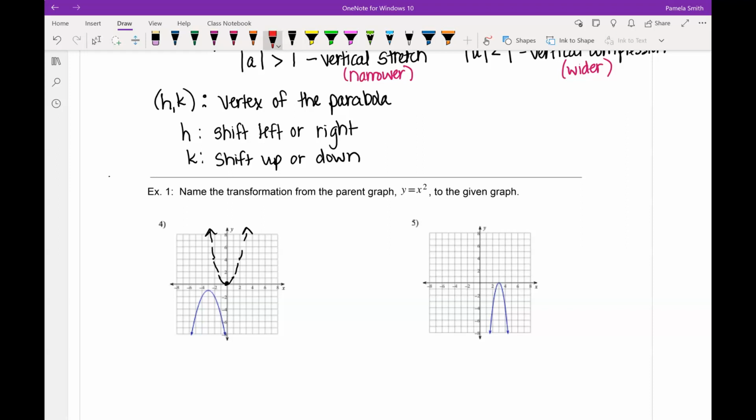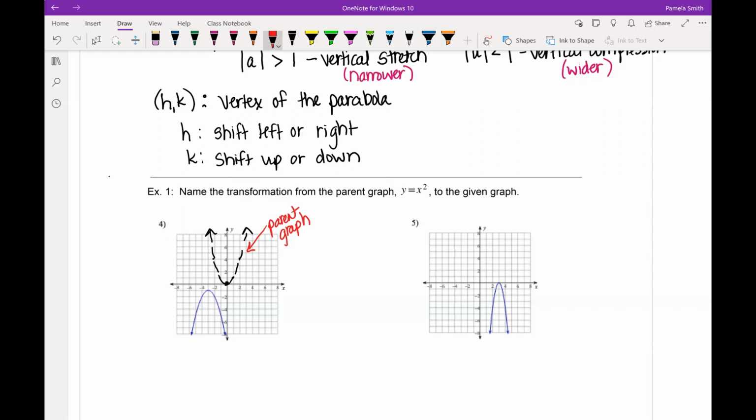So that is our parent graph. And you don't have to graph this each time. I'm just showing you that this is what we're comparing it to. Its vertex is at 0, 0. It has points 1, 1, negative 1, 1, 2, 4, and negative 2, 4.